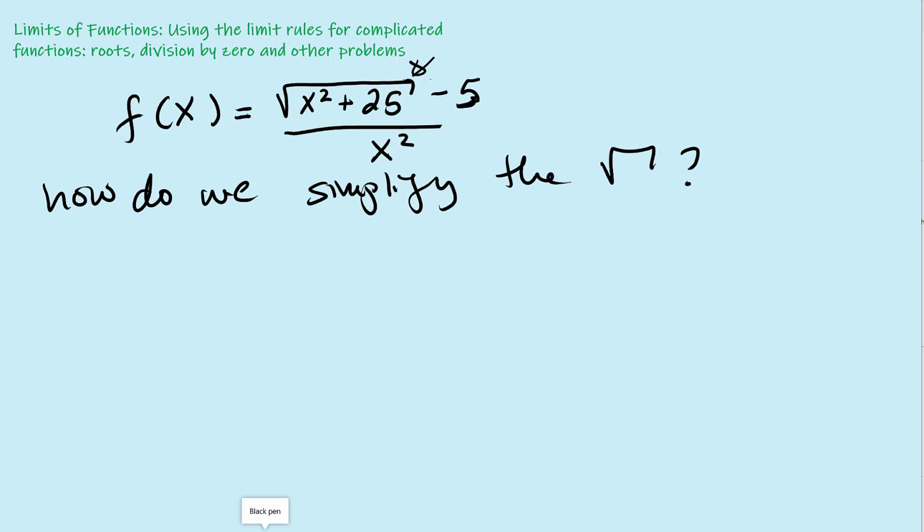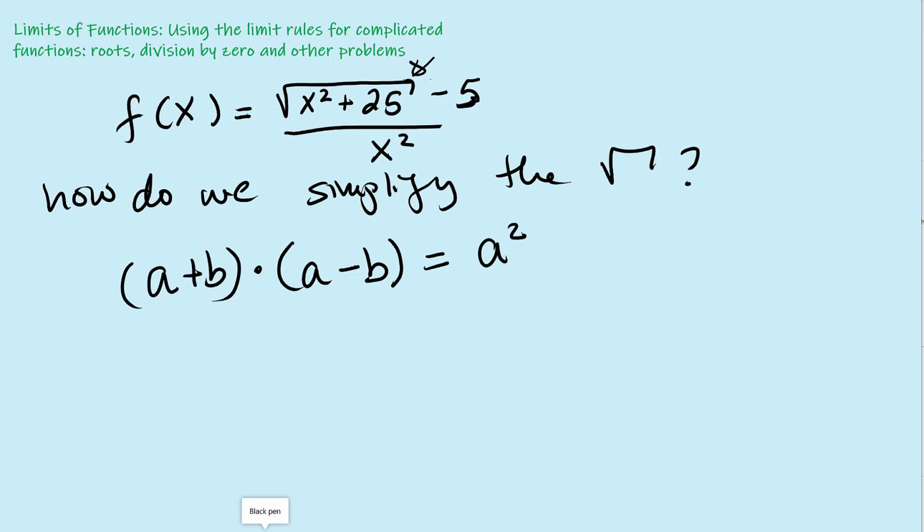use something that we learned in algebra, and that is if we take a plus b in parentheses and multiply it by a minus b, what we get is, let's multiply every element, a squared, then negative ab, then another positive ba, and then negative b squared, right?